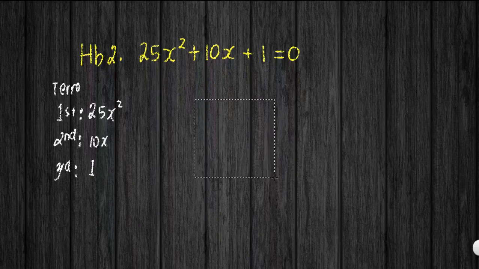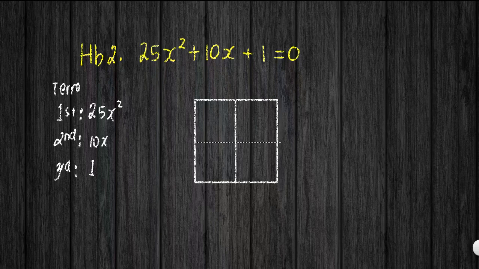Now, as we go through, we want to find the solutions of this equation. So, let me use this method. Ang tawag sa method na to ay box method. Sa loob ng box method, hahatiin ko yan sa 4 na portion. Meron tayong 4 squares. Ilalagay ko ngayon yung first term dito sa upper left corner, yung 25x squared. And then dito naman sa lower right corner, meron ako ditong 1.